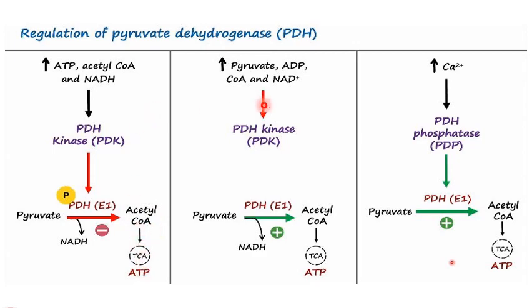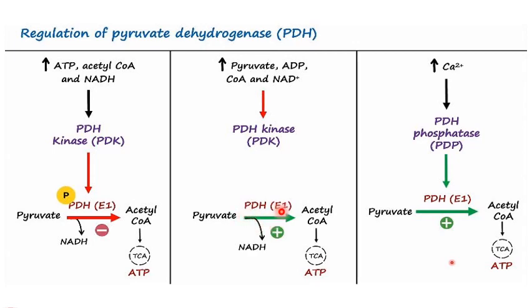On the other hand, when the concentration of pyruvate is high, ADP is high, coenzyme A is available, and NADH is low, there will be a need for ATP to be produced. Pyruvate will then go and inhibit the kinase, and when the kinase is inhibited, pyruvate can go ahead.